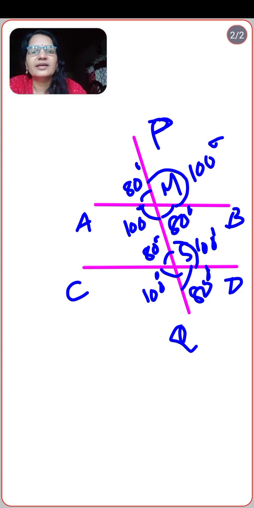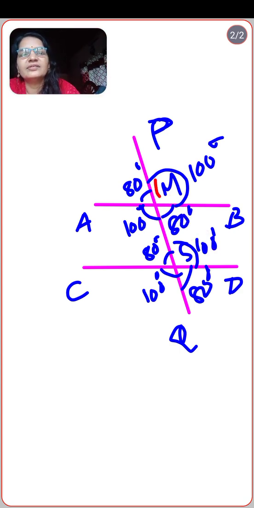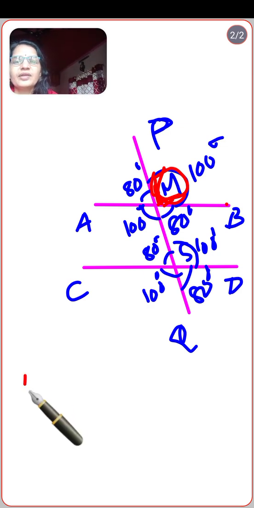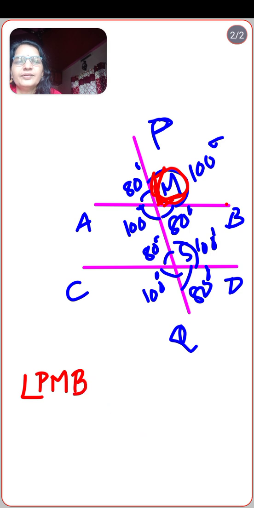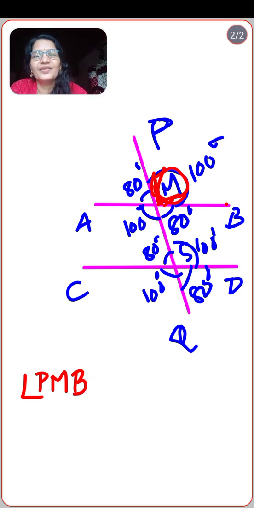Which are the angles? First I am considering this one, and the name is angle PMB. Its pair should be on the right side of the transversal but in the outer part of the parallel lines.